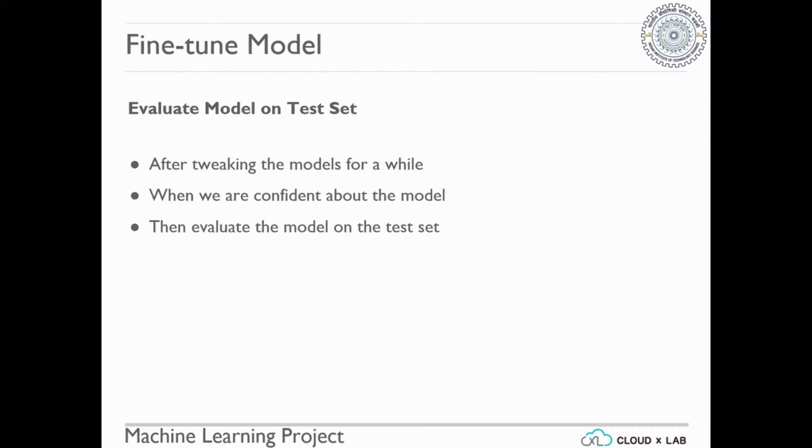Now we are testing the performance of the best model. We have explored all possible values of hyperparameters, we have selected the best value of hyperparameters, we have selected the best model, and now for that best model, for those best hyperparameter values, we are testing the test set performance of that model, right?